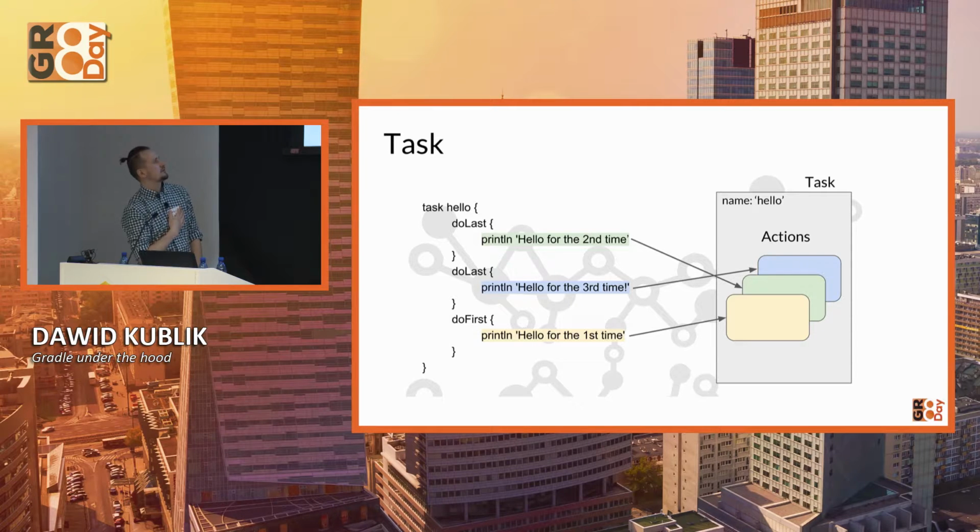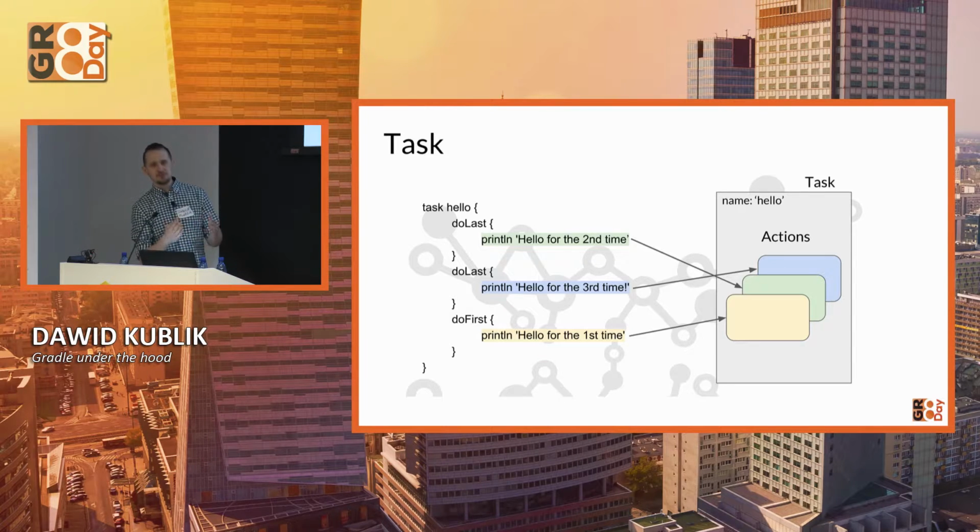But one important thing to notice here is that in this script we are not calling and not executing anything. Gradle scripts are configuration scripts. So in a Gradle script, you won't find, for example, a call to other tasks to execute them.